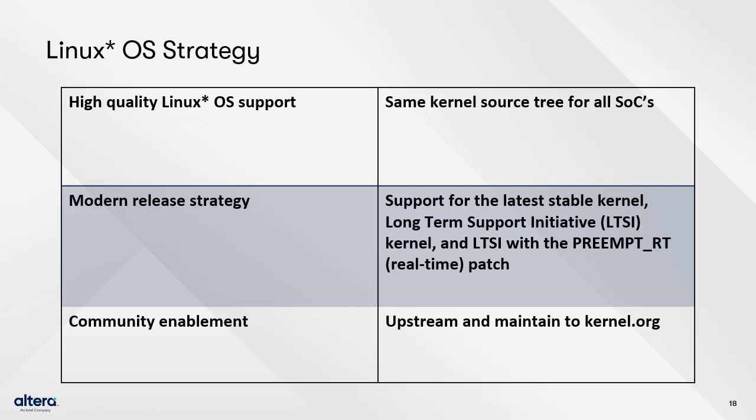For the kernel, we use the same kernel source tree for all Altera SoC FPGA variants. We support and maintain various versions of the Linux OS including the latest stable kernel, a long-term support initiative, or LTSI, kernel, and finally an LTSI kernel with the preempt_RT patch applied.